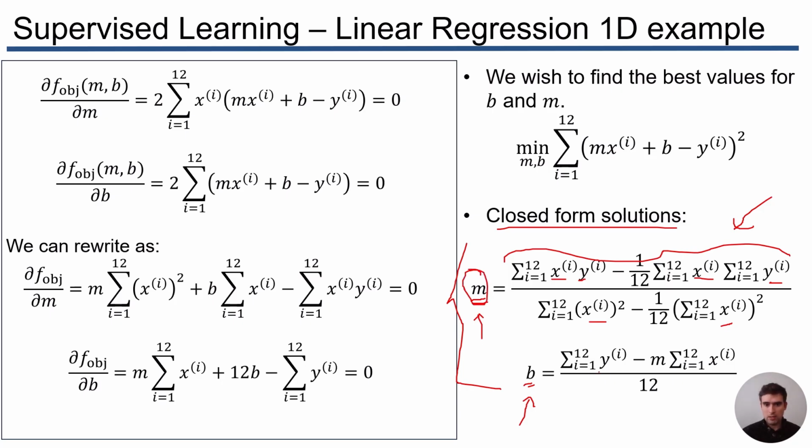Here I plug the data points as well, and I plug the m that I just computed, and I get also b. And these are the two parameters, m and b, that define the optimal line that passes through the points, minimizing the square difference between the prediction and the data that I want to match.